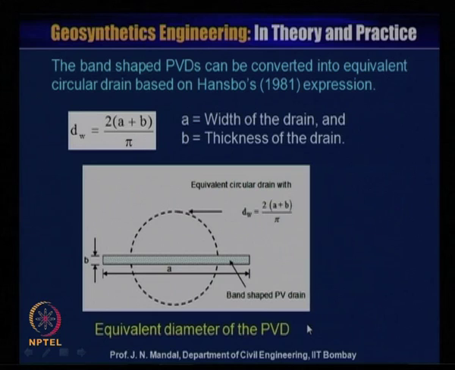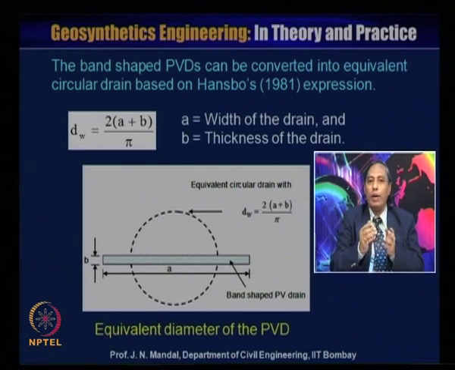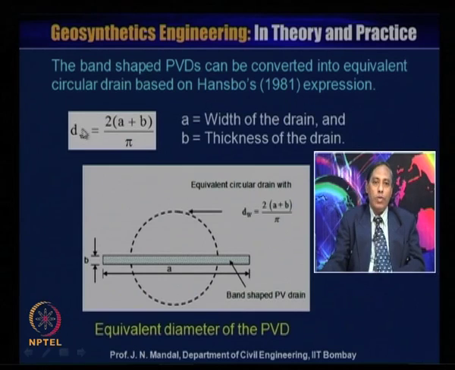What I was trying to say is the equivalent diameter of the drain. The band shape prefabricated drain can be converted into an equivalent circular drain based on Hansbo's 1981 expression. So, this equivalent diameter d_w will be 2 times (a + b) divided by pi, where a is the width of the drain and b is the thickness of the drain.